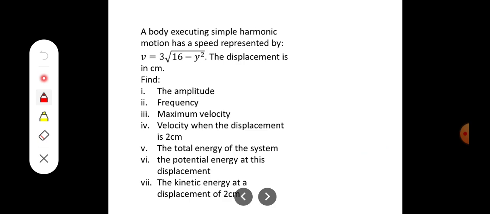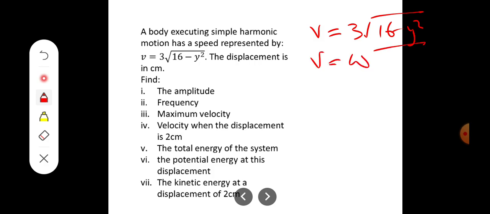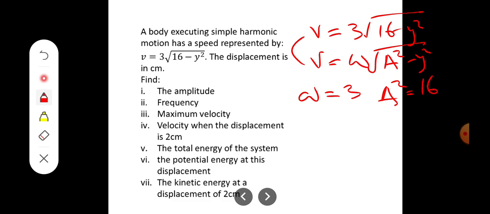We are given v to be equal to 3 root 16 minus y squared, which actually looks like a formula where speed is omega root a squared minus y squared. So if we compare both equations, you'll see that your omega here is equal to 3. And you see also that your a squared is equal to 16.